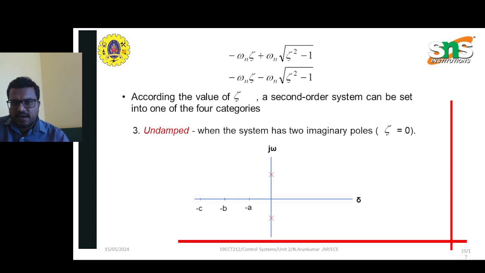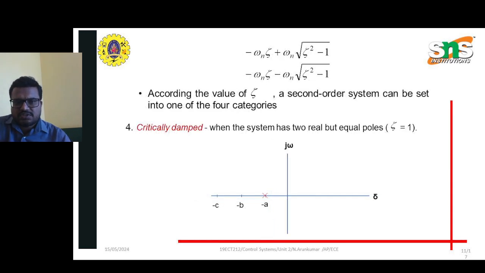The next one is the undamped condition. Delta equals 0. If the poles are located on the imaginary axis, then the system is said to be undamped. The next one is critically damped. If the delta value is equal to 1, then the system is said to be critically damped.